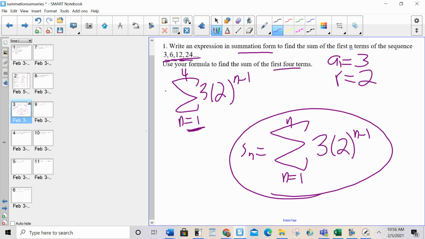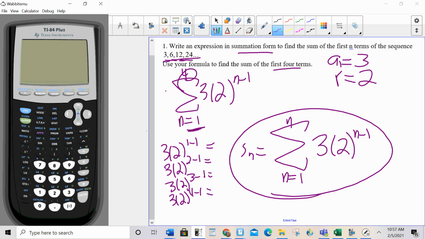So I start by substituting the bottom number, and then I keep on counting up. After 2 comes 3 until I get to the top number. I evaluate each of these. You can use a calculator if you need to. In fact, let's do that just so you see where the values are coming from. 3 times 2 to the power of 1 minus 1.